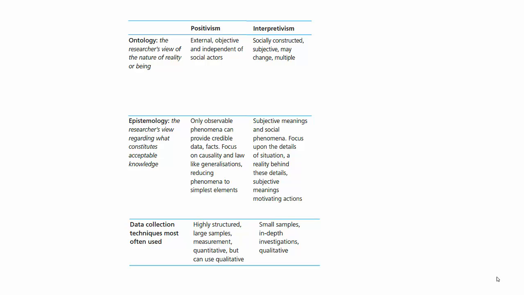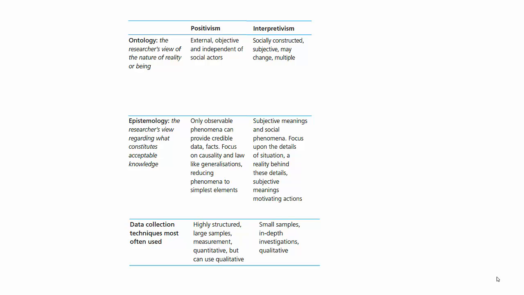In terms of the data collection techniques most often used, positivists tend to favor highly structured tools, large samples, measurement, and generally quantitative data. But occasionally, by exception, they can use qualitative data as well.